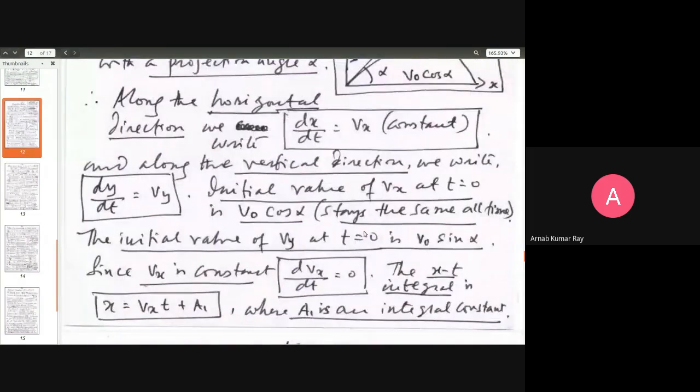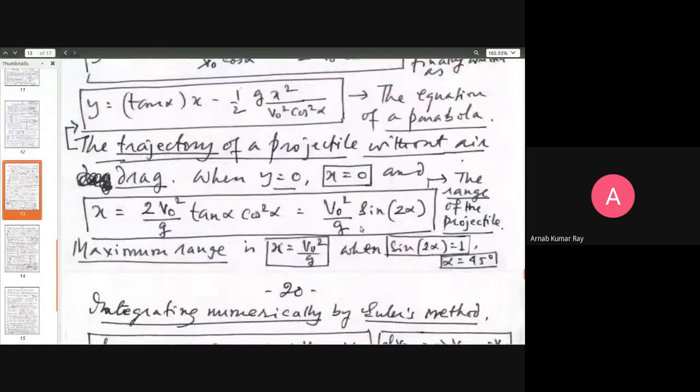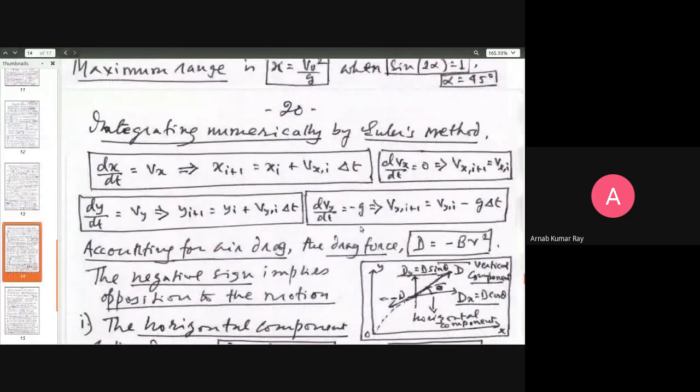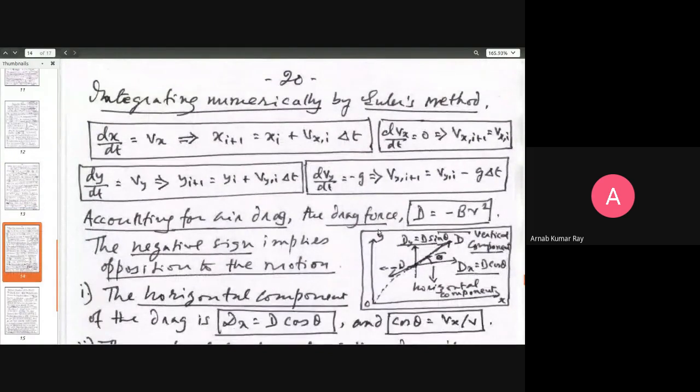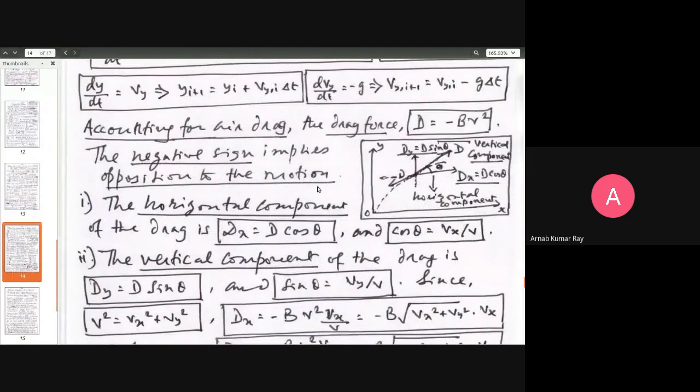So the drag force will significantly start varying because of variation of the air density, which we have not accounted for here. Now this constant B over here, we have chosen it to be a constant. But if you worry about the density of air and all that, then this constant B will no longer be a constant.